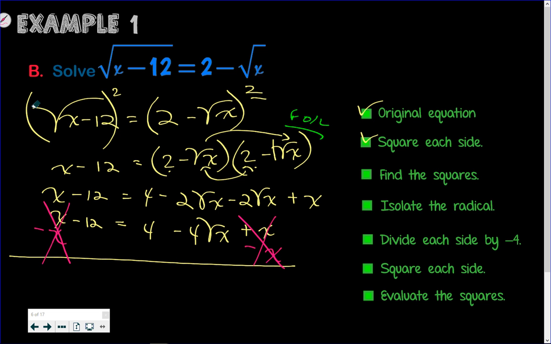Yeah, these two cancel each other out, don't they? Do you guys see it okay? Am I going too fast, too slow? So what else can I move here? How would you move it? Minus 4. That ends up giving me negative 16. Those two cancel.